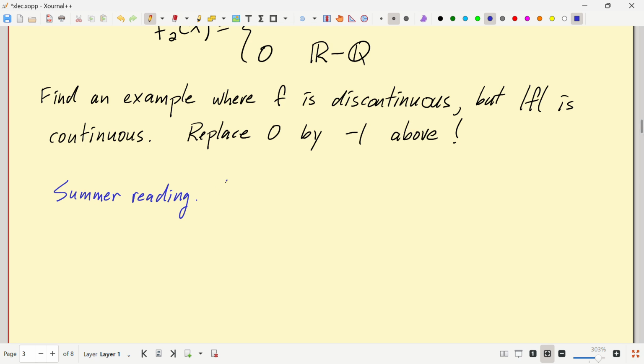It's called... I always thought it was pronounced "primer," but after meeting the author's son, it's a primer of real analysis. And instead of dwelling on... our book by Bartle is very... what's the word I'm looking for?